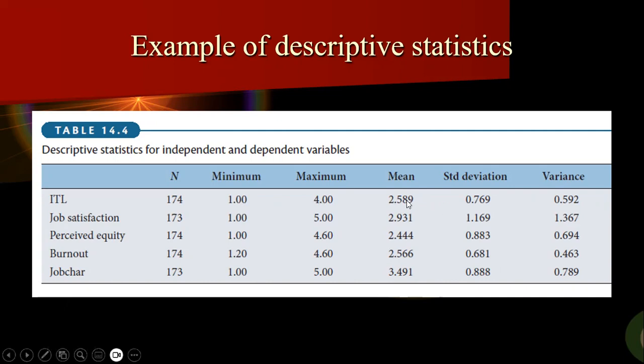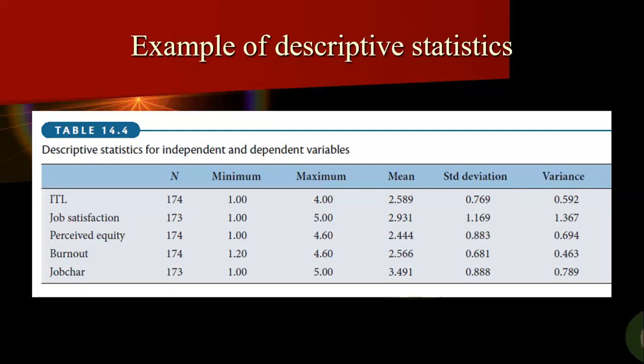And what is the overall deviation of the data from the mean value? If you pick any value from the data sheet, how much is that observed value deviated from the mean value? This shows the standard deviation, that is 0.769.